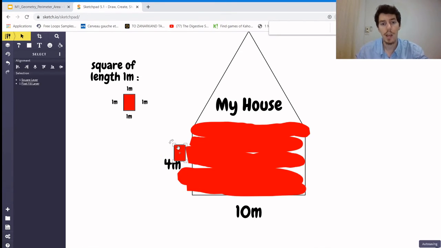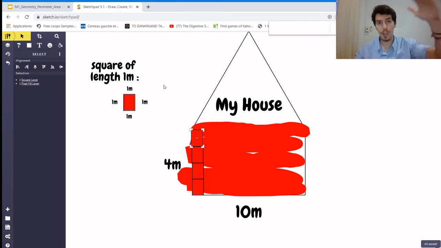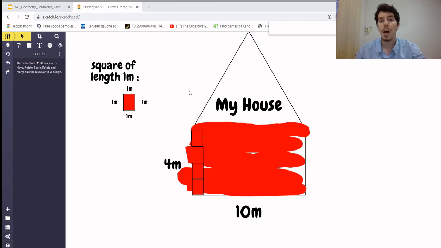Okay, so let's try. I will take one square, put it here, another, put it here, again, I can put maybe one more. Okay, so in the width, we can fit 4 red squares, right? Now what about the length here? How many squares can I fit? Let's try this.